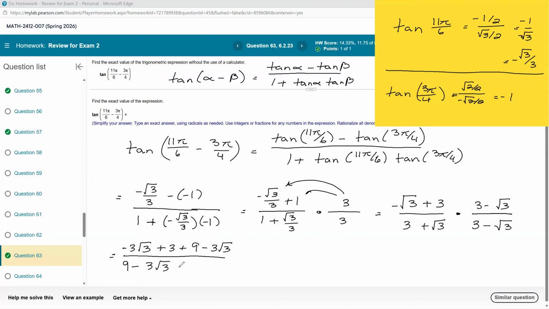Square root of 3 times 3 is plus 3 square root of 3. And square root of 3 times minus square root of 3 is minus 3. So this simplifies into 12 minus 6 square root of 3 over, these cancel, and you're just left with 6 on the bottom. So 12 divided by 6 is 2. These 6's cancel, so we end up with 2 minus square root of 3.